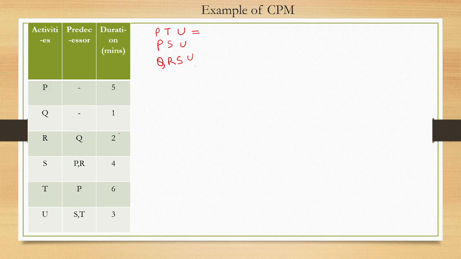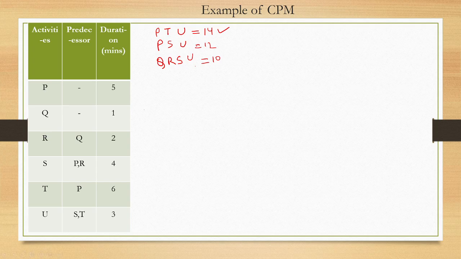So P is 5, plus 6 is 11, and plus 3 is 14. P5 plus 4 is 9, plus 3 is 12. 1 plus 2 is 3, plus 4 is 7, and plus 3 is 10. So this is the project duration and this is the critical path.